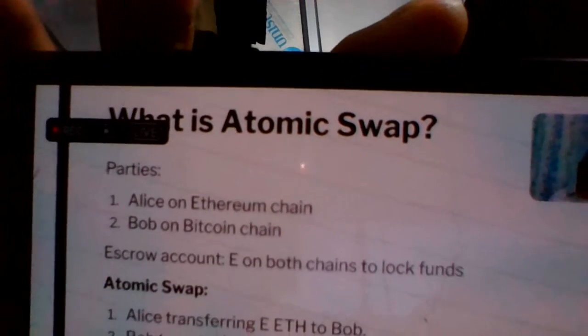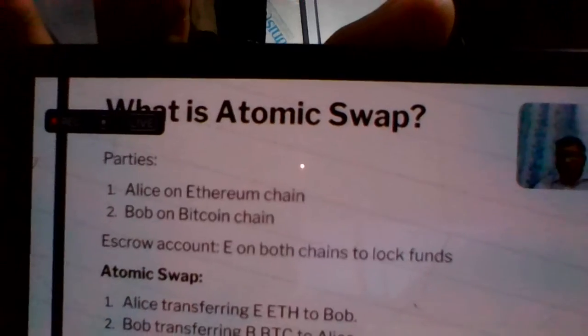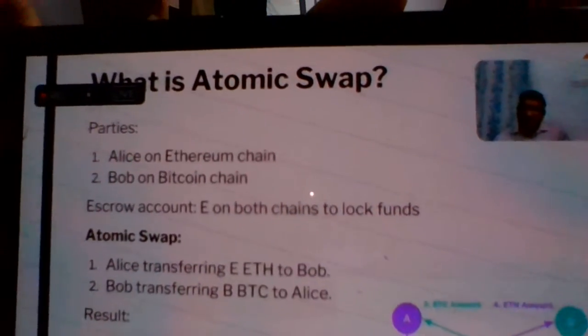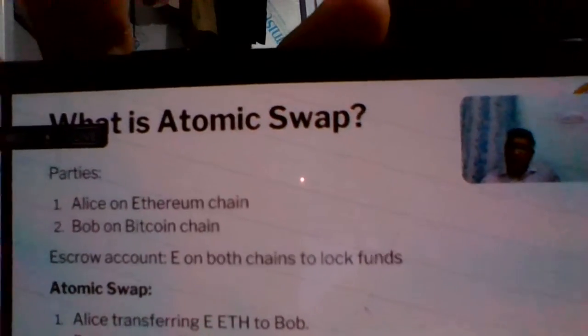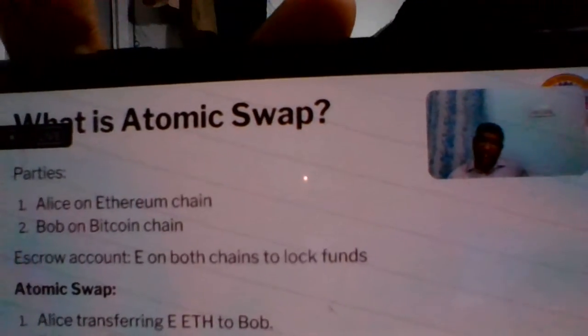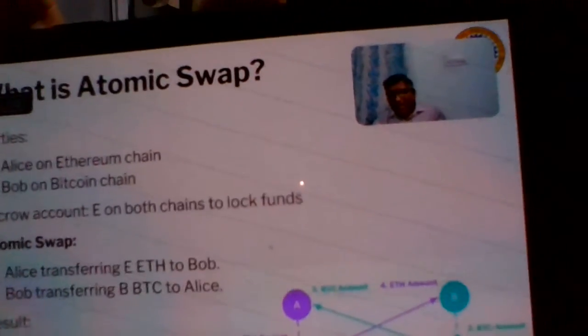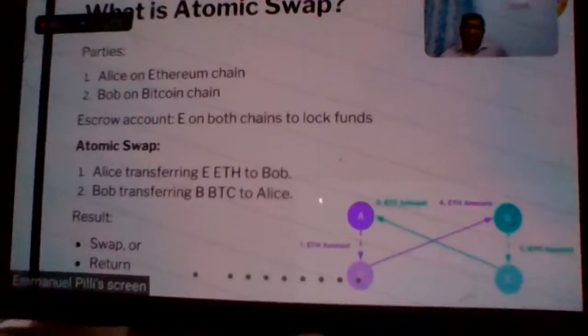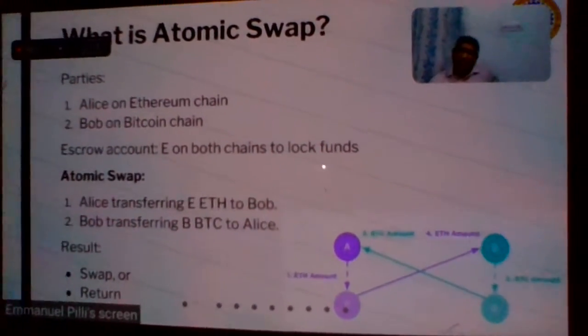Alice also needs to have a Bitcoin account, and Bob also has to have an Ethereum account. So both of them have Ethereum accounts and Bitcoin accounts. But they want to swap, or maybe let us say Alice has more ethers and Bob has more bitcoins, but Bob wants more ethers and Alice wants more bitcoins.